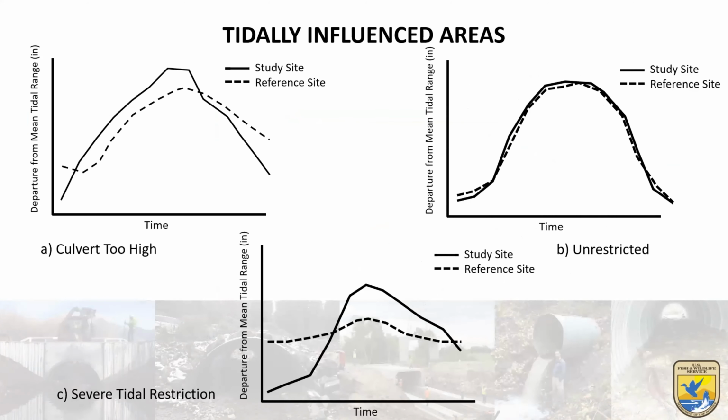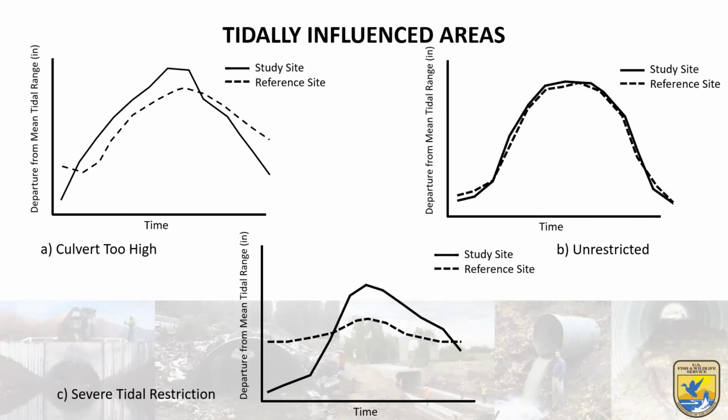One of the things that is interesting that I found is you can look at it in terms of a reference condition, which you could translate to more of a geomorphic condition. You can take a more pristine tidal site and then compare it if you have an existing levee or culvert.